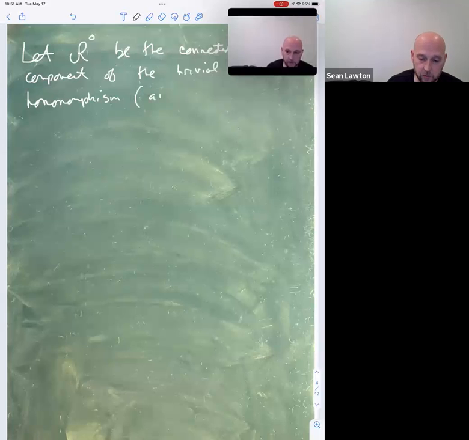What do I mean by that? That's the one that sends A to the 2 by 2 identity matrix, B goes to that as well, and C goes to that as well.